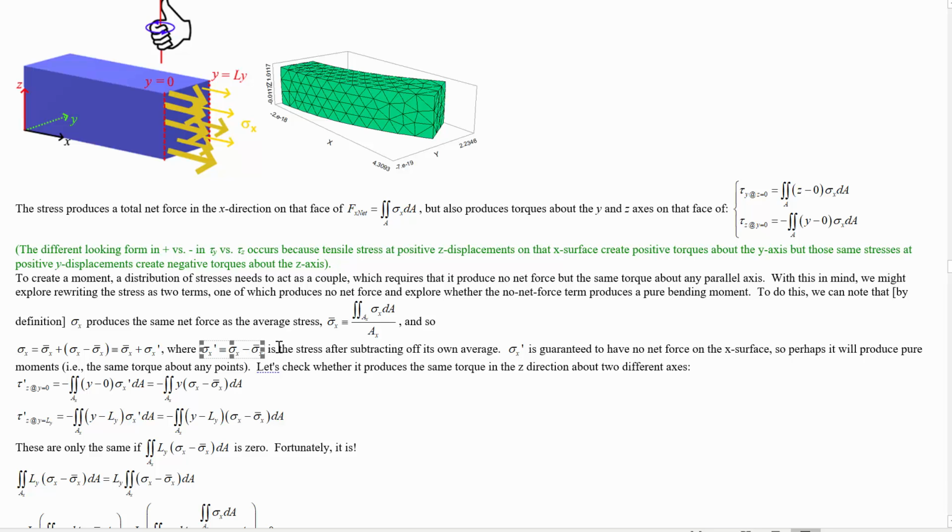So this one here, sigma x prime, which is any arbitrary stress minus its average over that surface, is going to be producing no net force in the x direction. So that's one step. What about the torque?